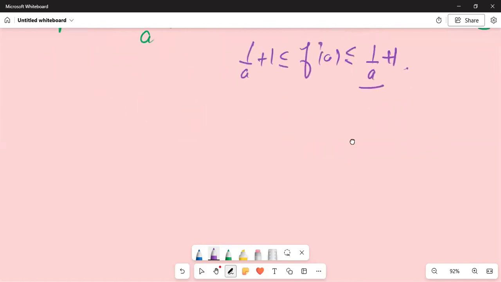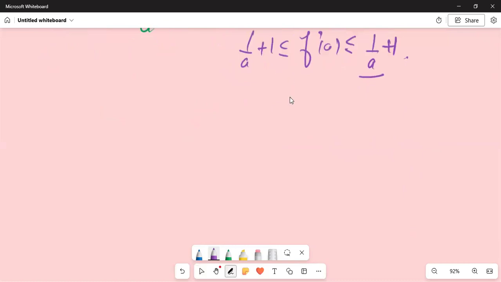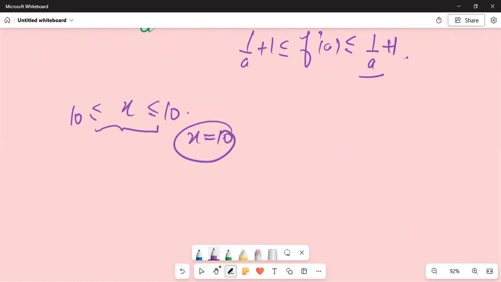So that means f prime a. If your number x is greater than or equal to 10 and less than or equal to 10, this holds only if x equals 10. If x is not equal to 10, then this is not going to hold, because at the same time 10 is less than x and x is also less than 10.